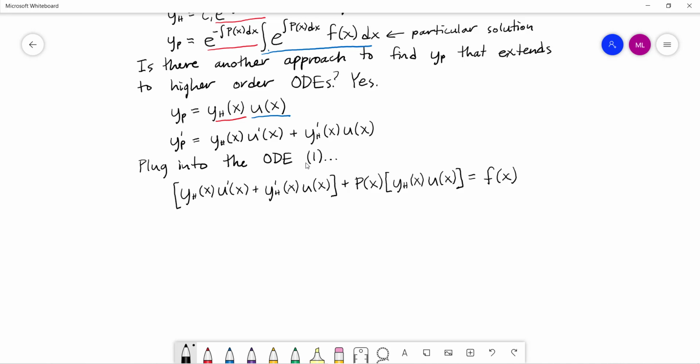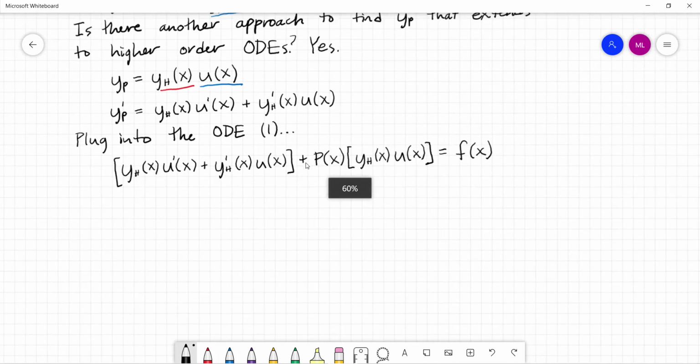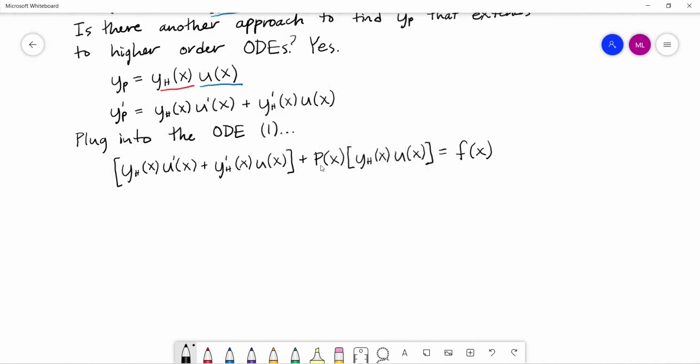Okay, so let's collect and see if we can rearrange some terms here. Notice that we've got a p of x times y homogeneous times u, and over here we have some other stuff times the u. So I want to regroup some of these terms.